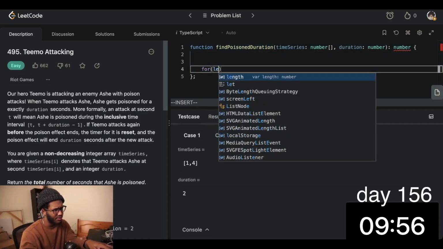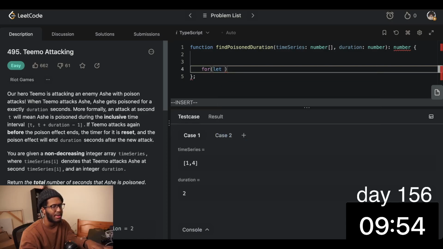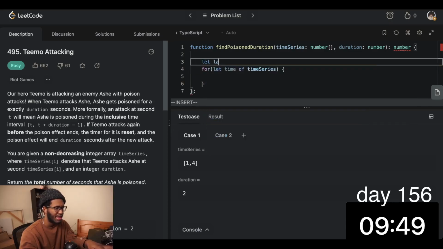So we're going to say for let time of time series, I'm going to say last hit. T last hit is going to be equal to time series sub 0.